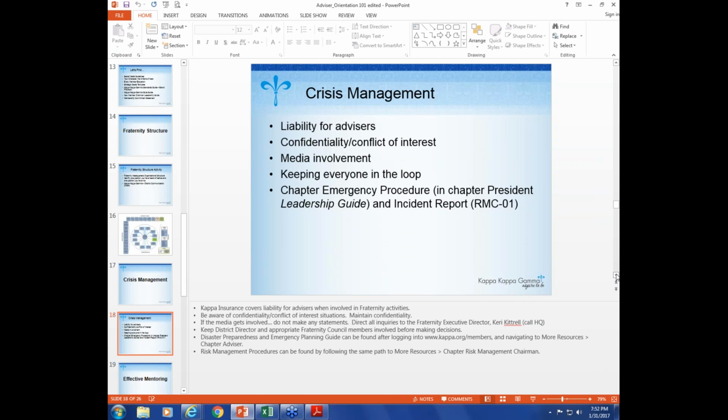As long as you're in line with the CAPA bylaws, standing rules, policies, leadership guides, you are covered. So it's always important for advisors to understand the confidentiality and the conflict of interest situations, and it's just so important to maintain confidentiality of your advisee and what's going on within the chapter.